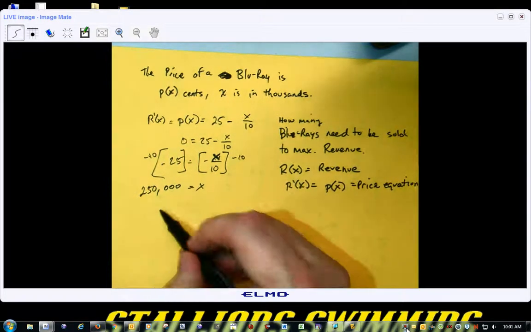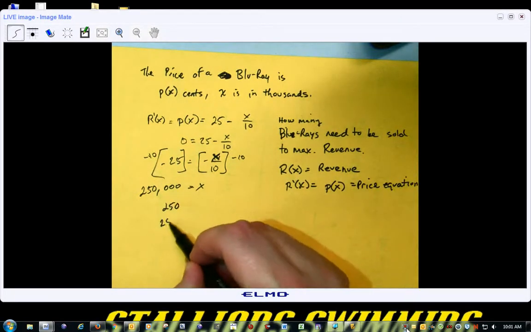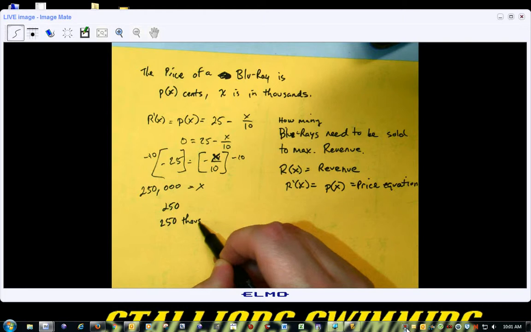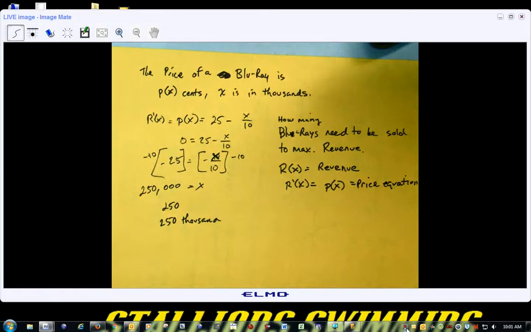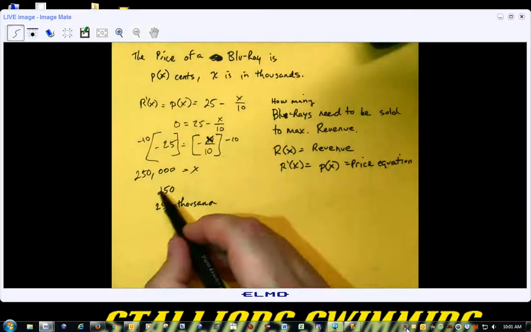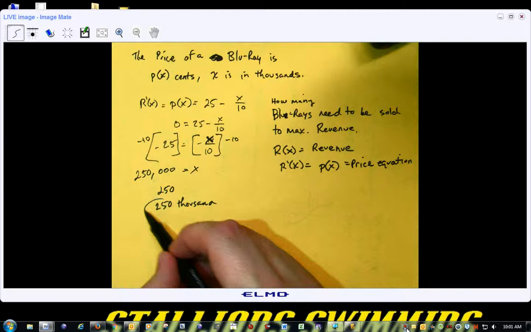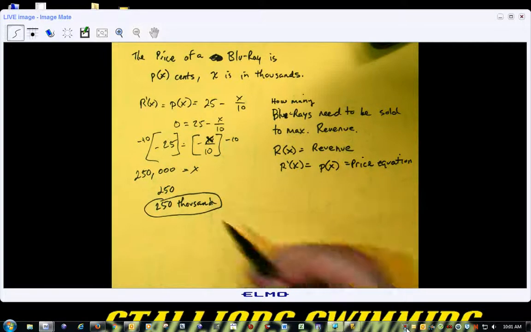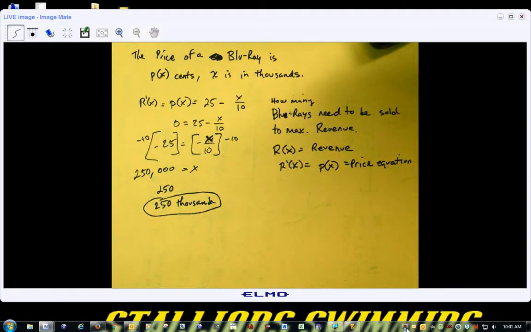Which answer would be right? First one or the second one? Yeah, so make sure that you pick the right one. It's just not going to be 250, because then they say, oh, just sell 250 of them and you're good to go. It's not how mass market products work.